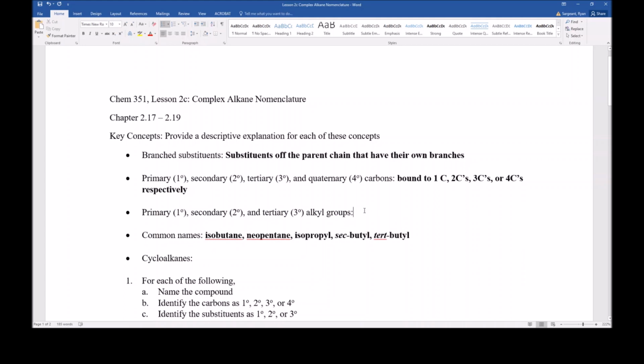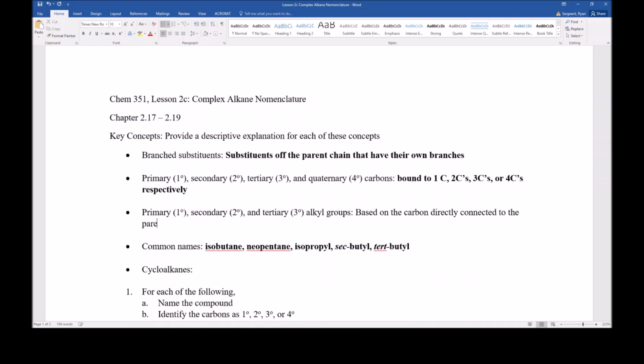And then primary, secondary, and tertiary alkyl groups are based on the carbon directly connected to the parent chain. And you subtract 1 from the carbon designation.